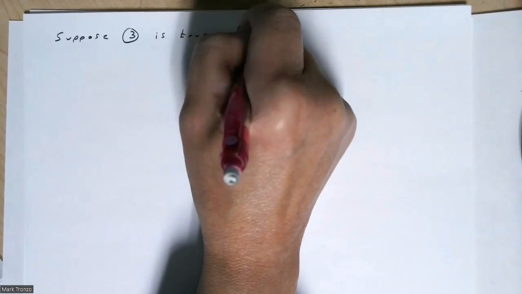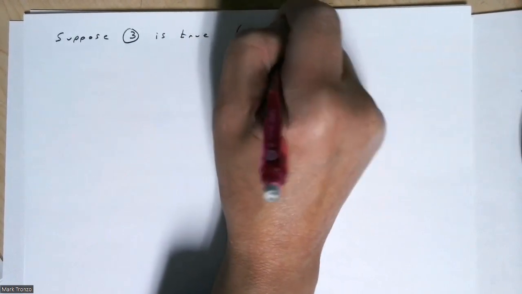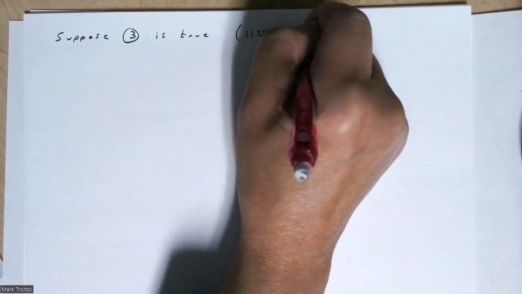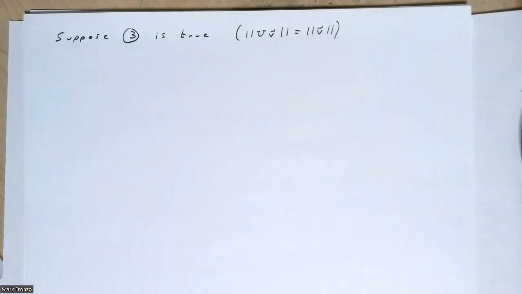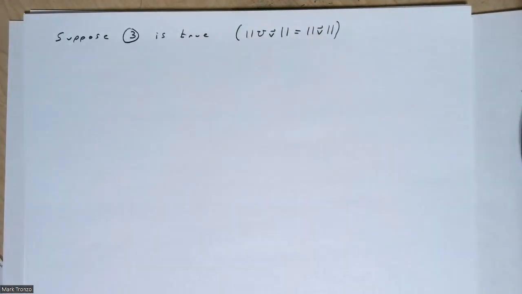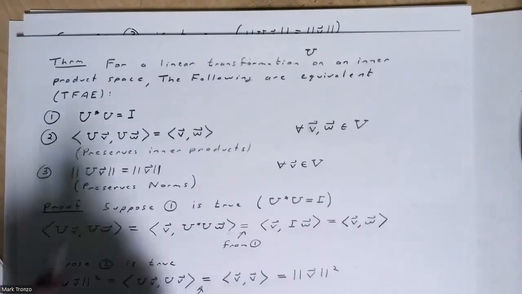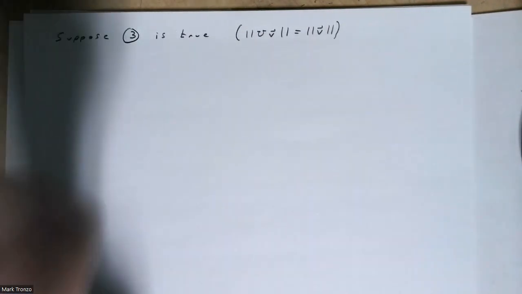And of course, we're assuming we can preserve norms. And so now, again, what are we looking to prove? We're looking to prove that it preserves inner products, starting with the fact that it preserves norms.